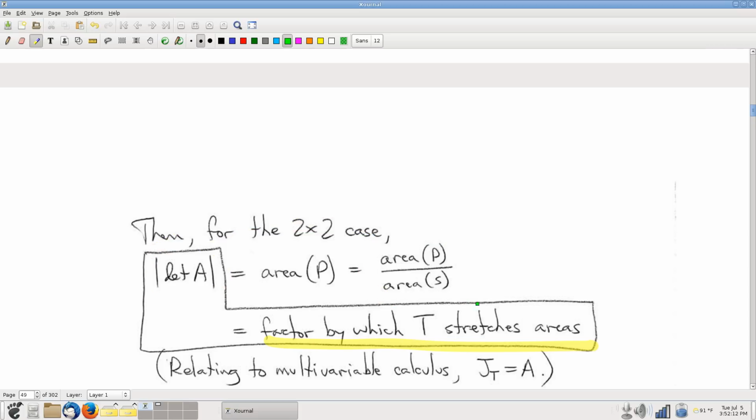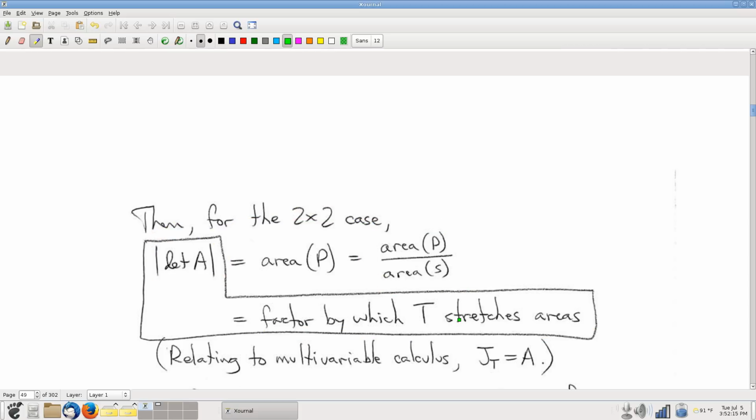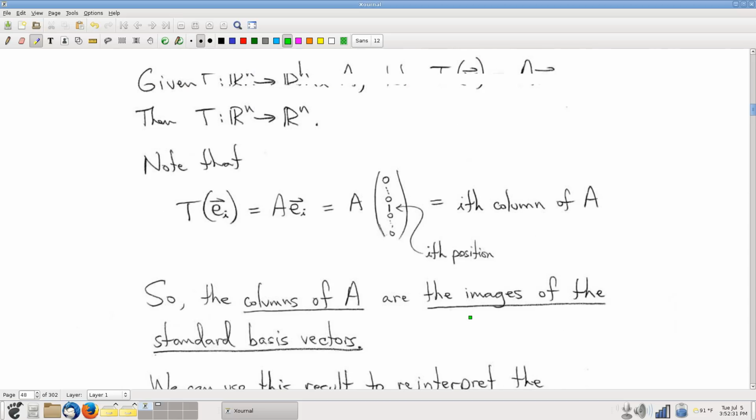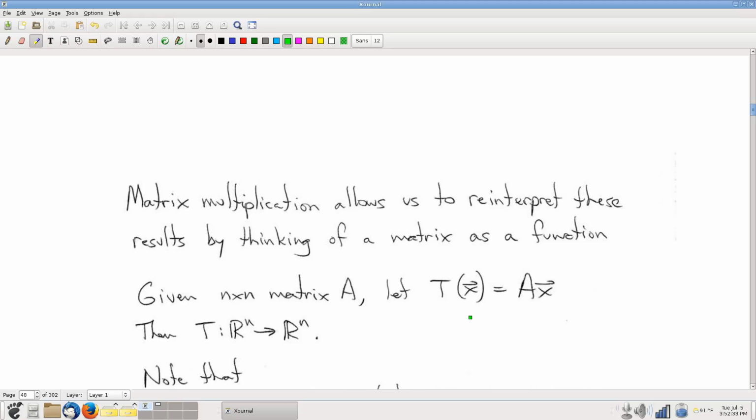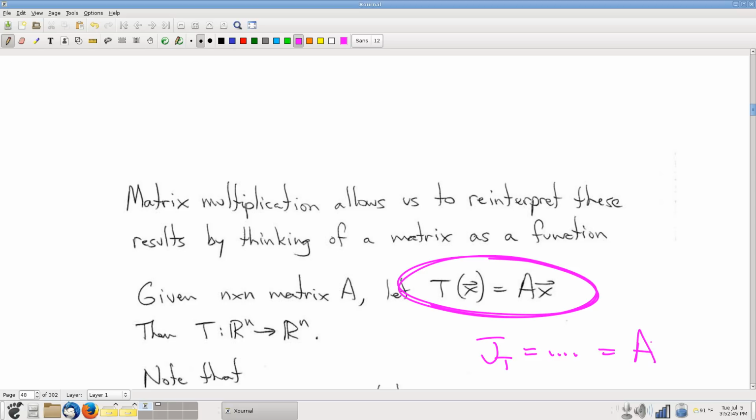I'll point out, for those of you who might recall how to do change of variables in multivariable calculus, this factor is related to the change of variables formula for integrals. In fact, the matrix is the Jacobian matrix for this function T. And this is a nice exercise, and I think everyone should give this a shot. Take this function, write down its Jacobian matrix, and confirm that that Jacobian matrix is exactly A.